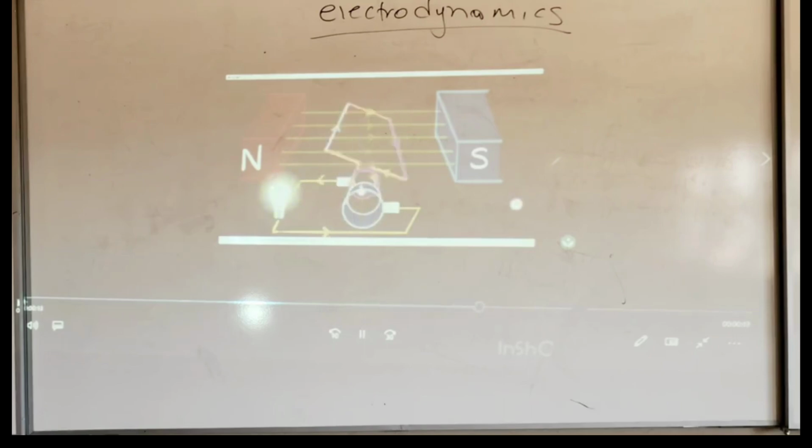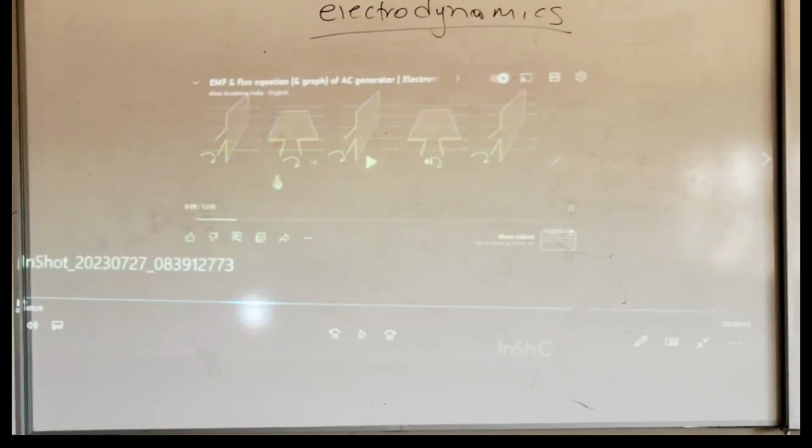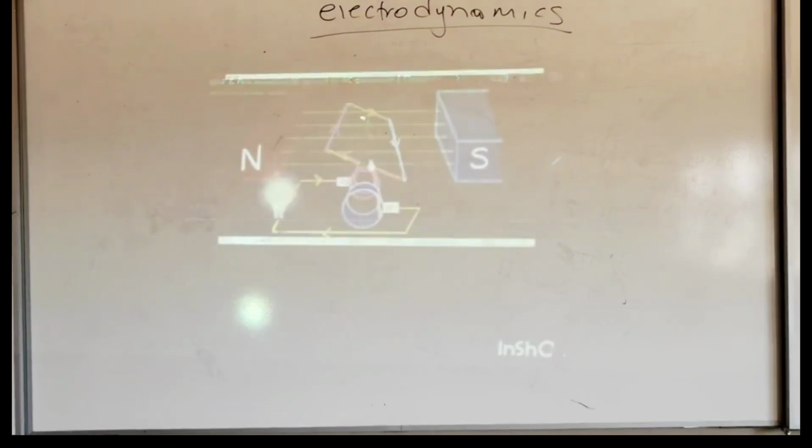It is glowing because there is a production of current. As that bulb glows, current is being produced. So you can see that as this coil rotates, this bulb starts to glow.